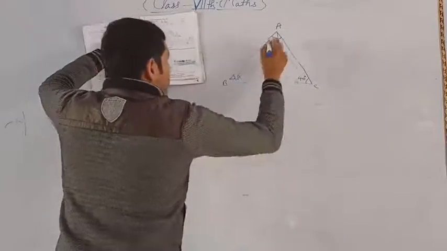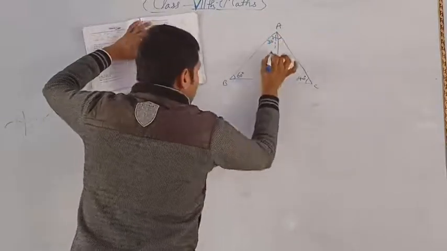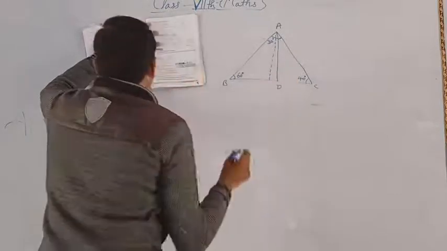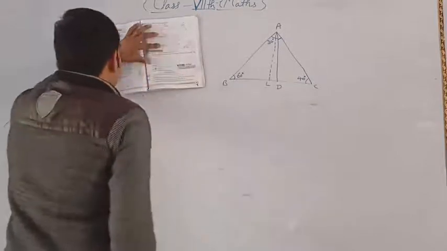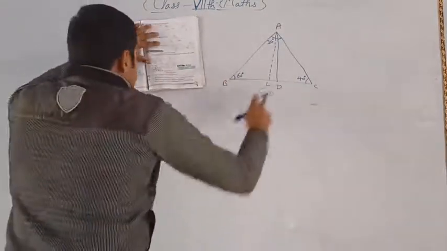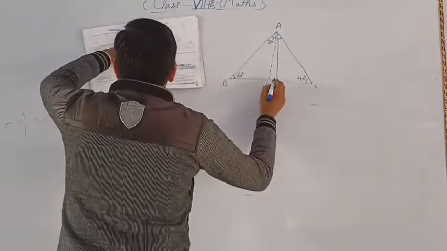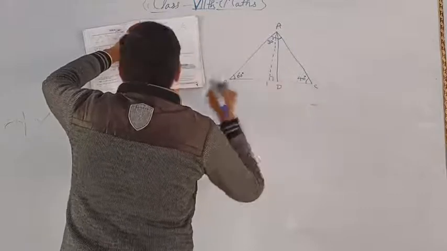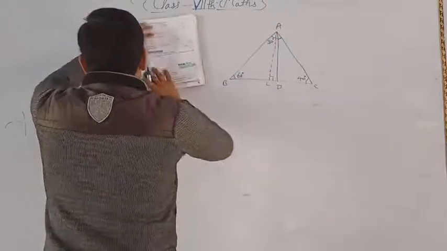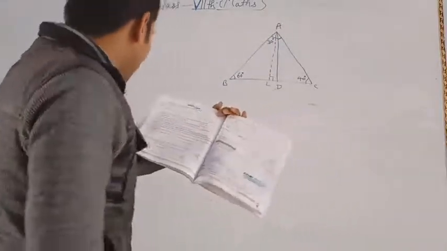Here a dotted line is drawn, and this is also given as 90 degrees. So here we have to find angle BAD.